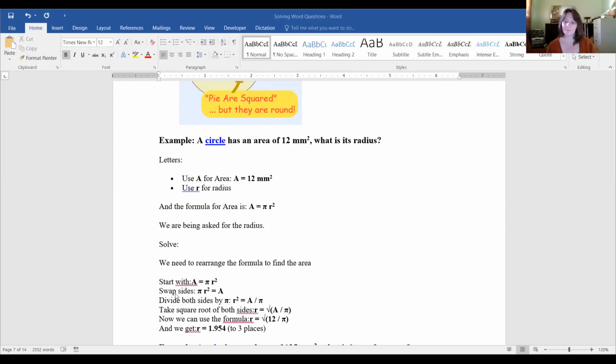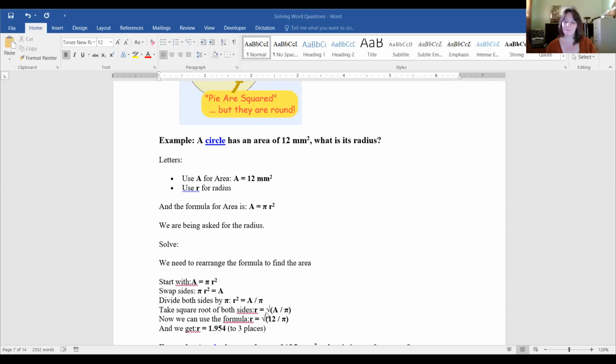We can swap sides or not, it doesn't matter. If we divide both sides by pi, then we have r squared equals the area divided by pi. In this particular case, we then take the square root of that number, which is the area divided by pi.